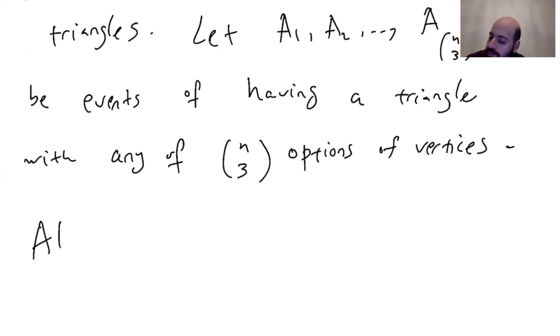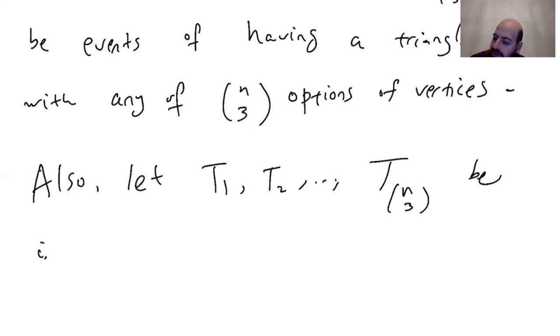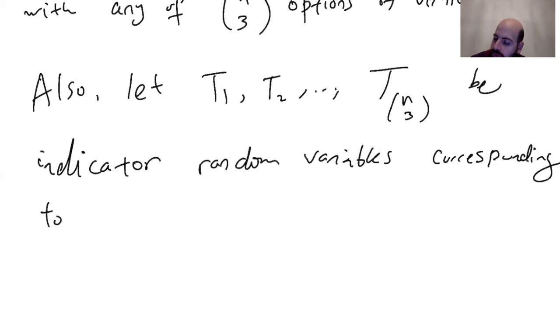Also, let T1, T2 to T sub n choose 3 be indicator random variables corresponding to each of these events.